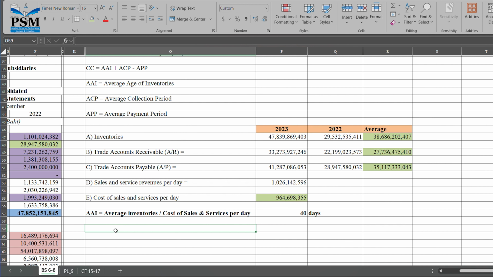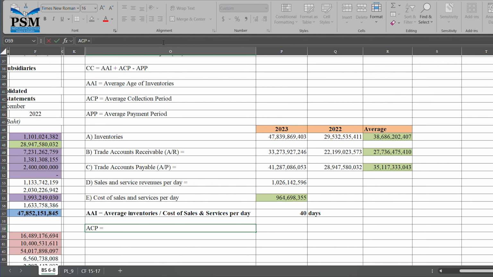Now we calculate the ACP. Our assumption is that the company sells the goods on credit. If they sell on cash, collection will be immediate. But since most companies sell on credit, we have to determine how many days it takes the company to collect cash from the customers.